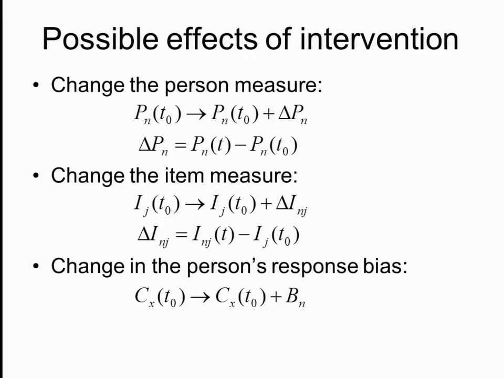The patient might show a Hawthorne effect or placebo effects, which are not necessarily real changes in the person or the item, but just the way the person uses the response scale, being more positive or overestimating their abilities, something of that sort. So we represent bias with the letter B, subscripted for that particular person. B can be thought of as the average change in all the category thresholds across all the categories.